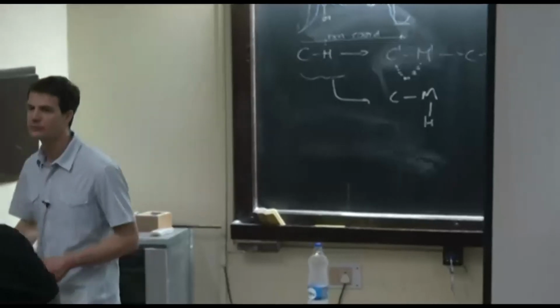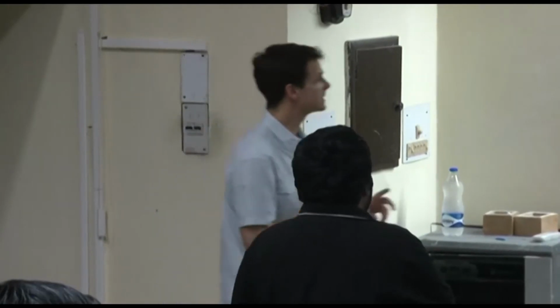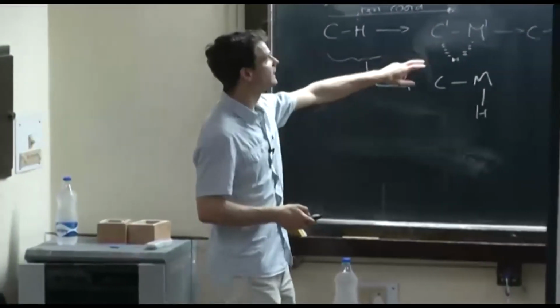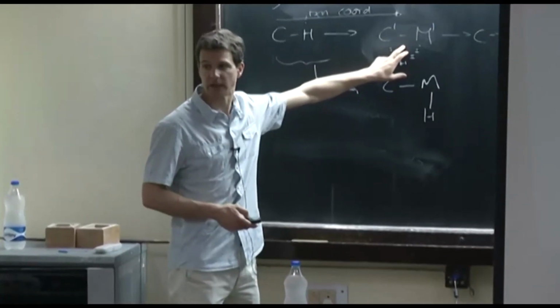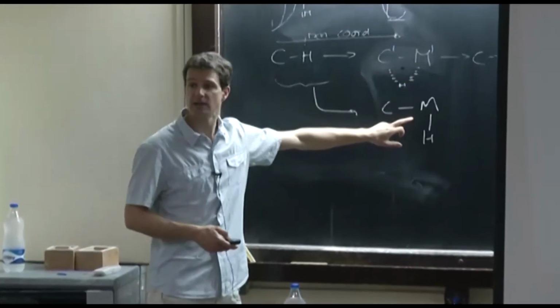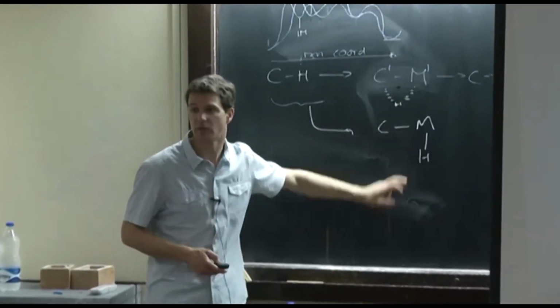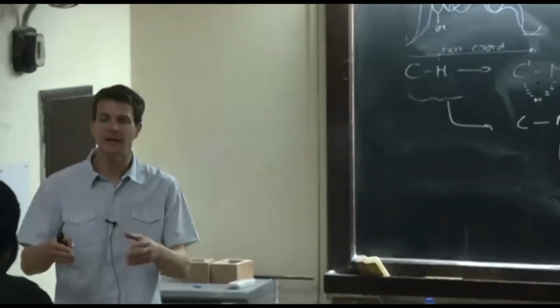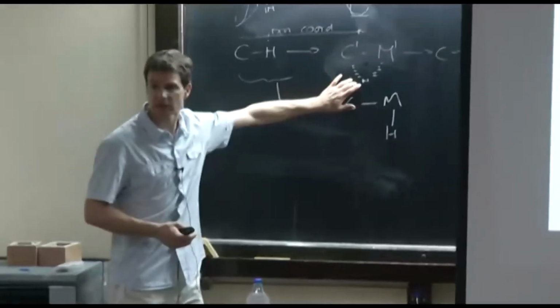Calculations help you, because calculations can tell you where the electron density should be. This one here is a three-center two-electron interaction. This one here is a three-center four-electron interaction. So their orbital population can help you.